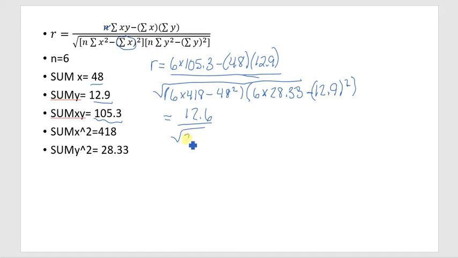I get 204 times, and I have 6 times 28.33 minus 12.9 squared. I get 3.57.